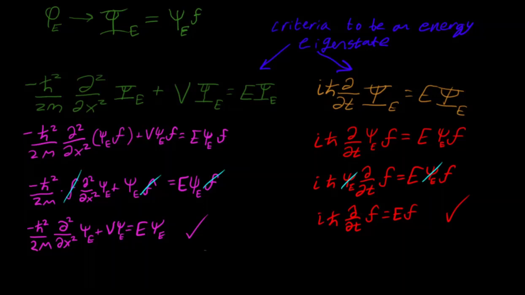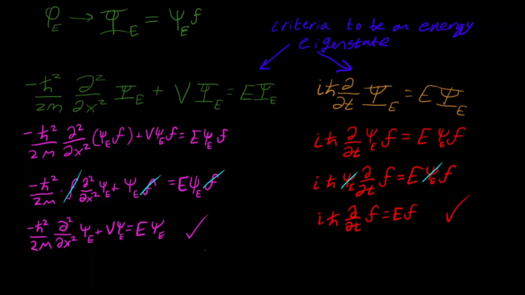Now, we can use one other thing that we know, because remember, these are Hermitian operators. Also note, we do have to have the partial derivatives here because they are acting on functions of x and t, right?